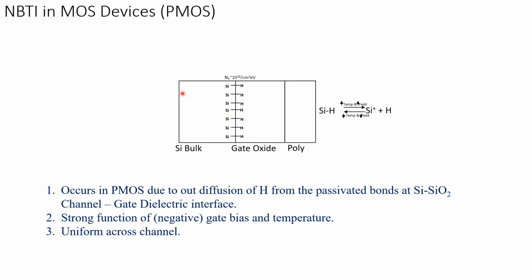And just to give you a rough idea, the interface trap density NIT, if this is not done, is around 10^12 to 10^13 per cm² eV.